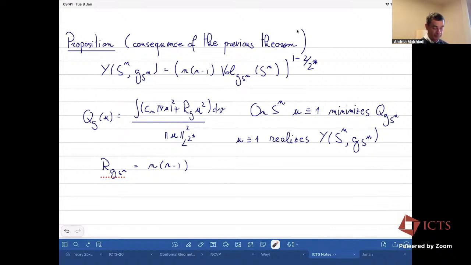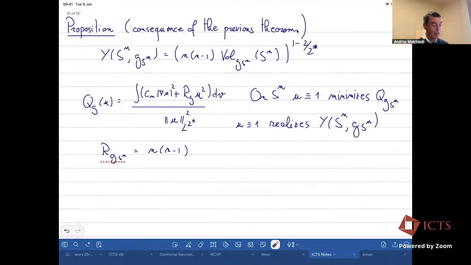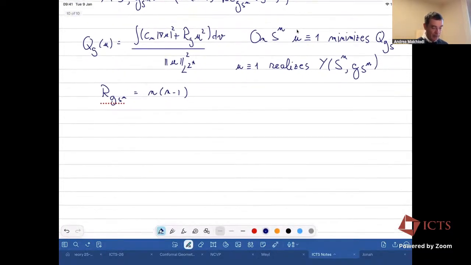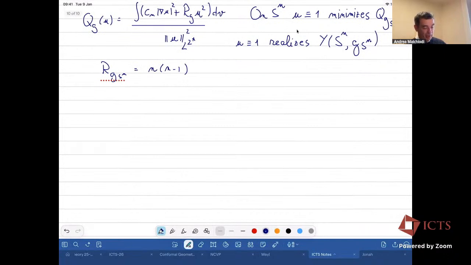Therefore, you have an explicit value for the Yamabe constant of the round sphere. Okay, so this is useful because let me recall, the Yamabe problem was the following.